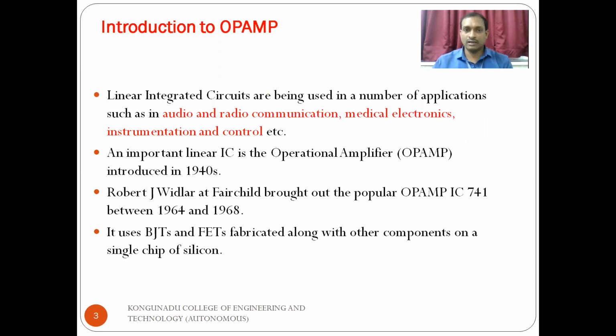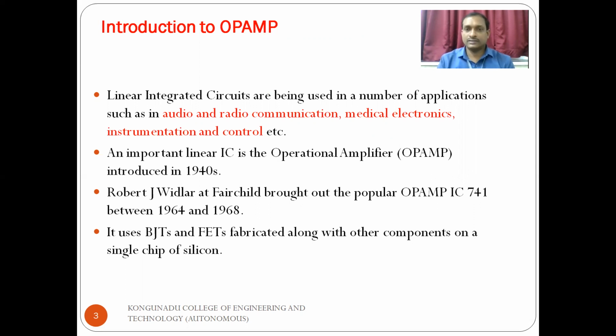This integrated circuit is generally called an operational amplifier, introduced in the 1940s. The popular op-amp IC 741 was developed between the years 1964 and 1968 by Robert J. Widlar at Fairchild. He is one of the initiators of the IC 741.